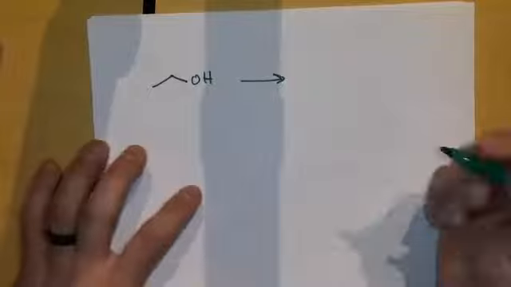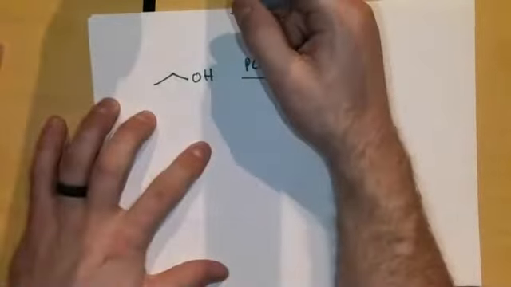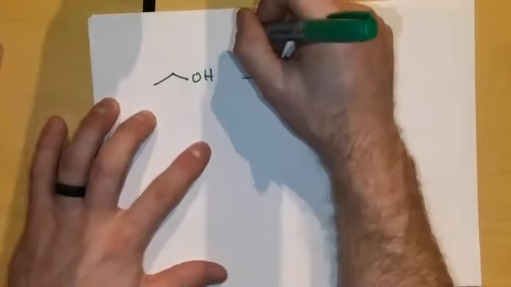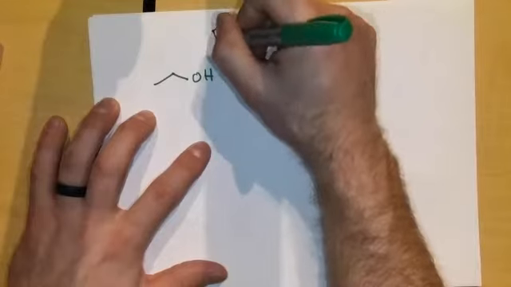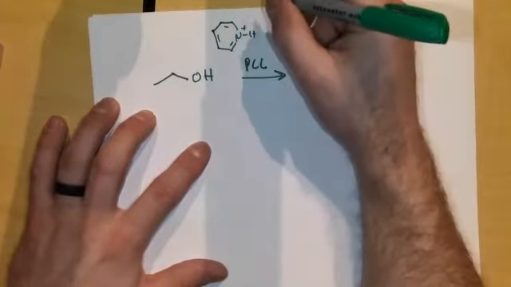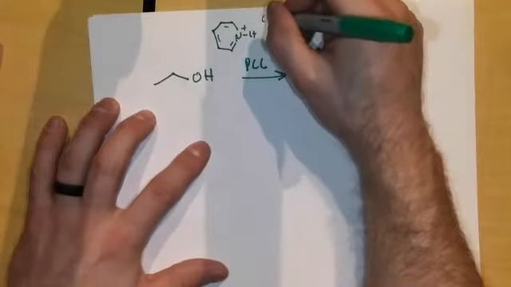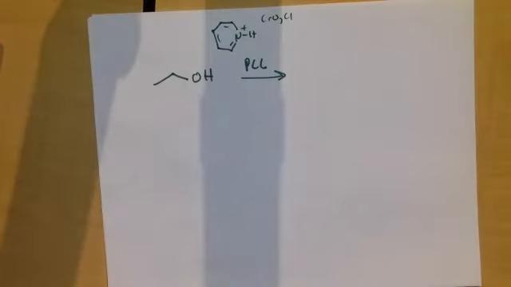The first one is PCC, which is pyridinium chlorochromate. You really don't need to know the structure of this, but I'll write it down for you once. So it's a complex. You have both pyridine with a positive charge on it, as well as CrO3Cl. This will do a single oxidation.